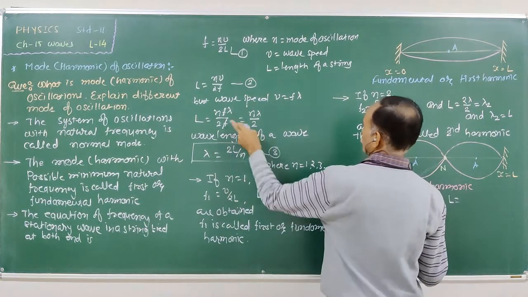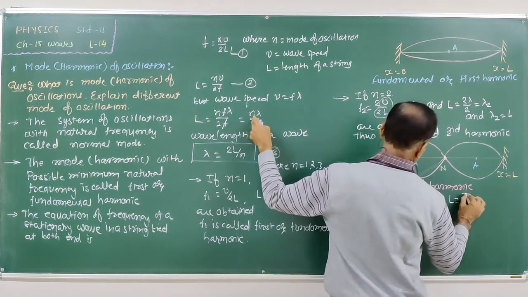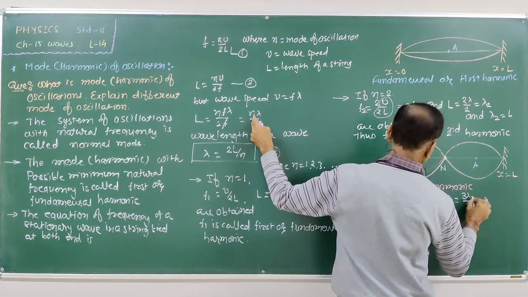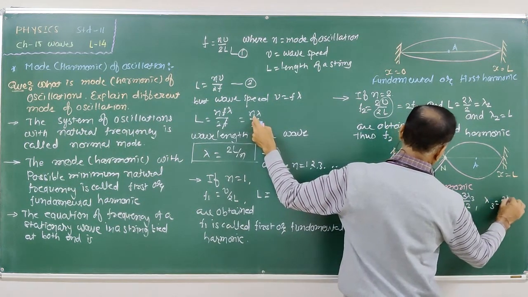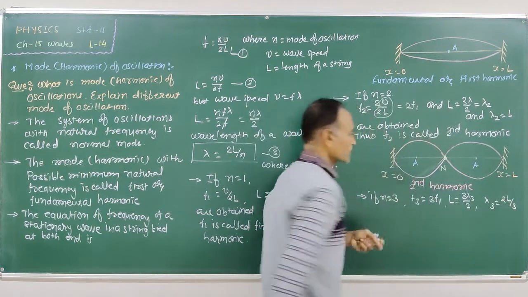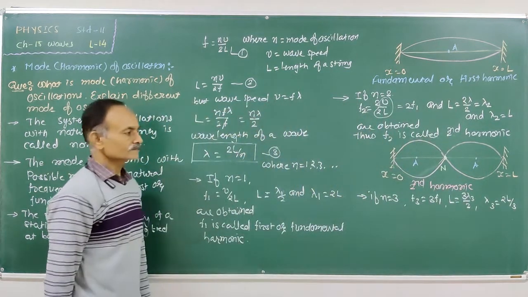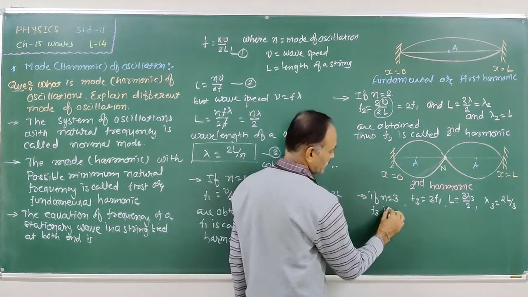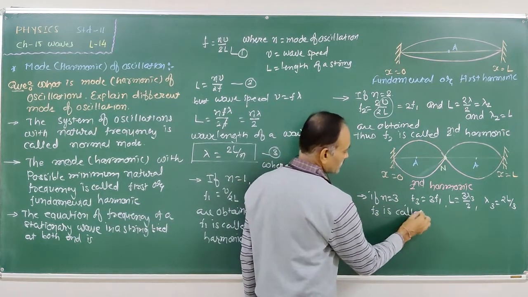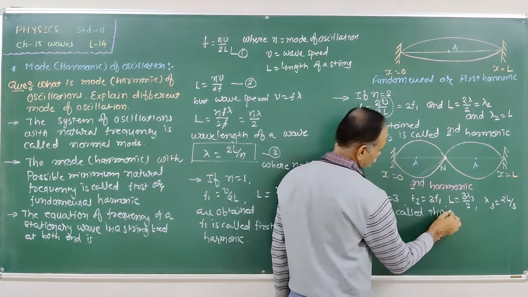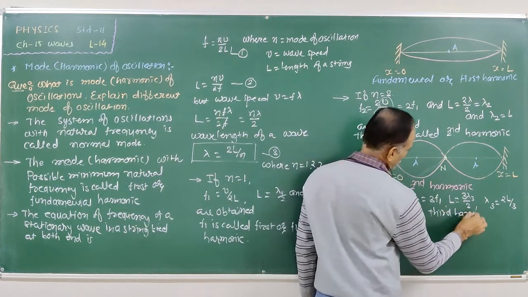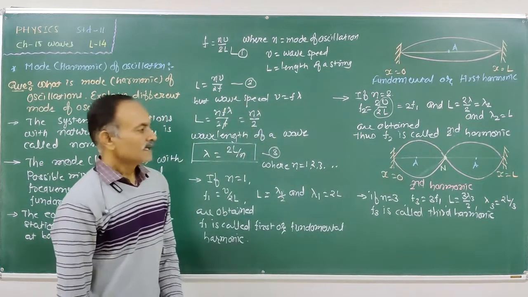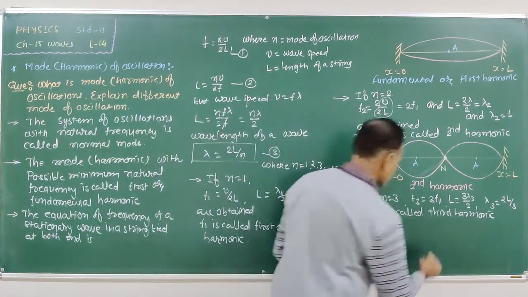L is equal to 3 lambda by 2, and lambda 3 is equal to 2L by 3. F3 is called the third harmonic. So the third harmonic is obtained in the string this way.